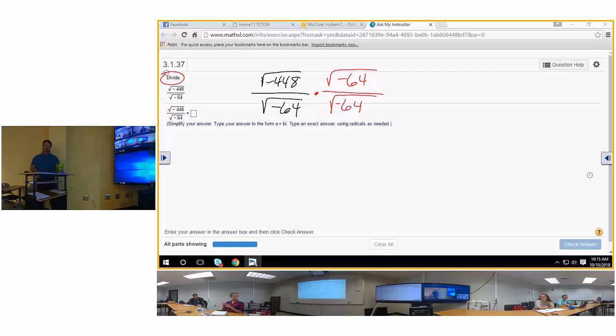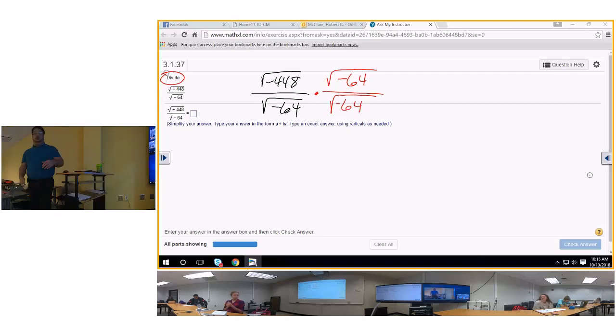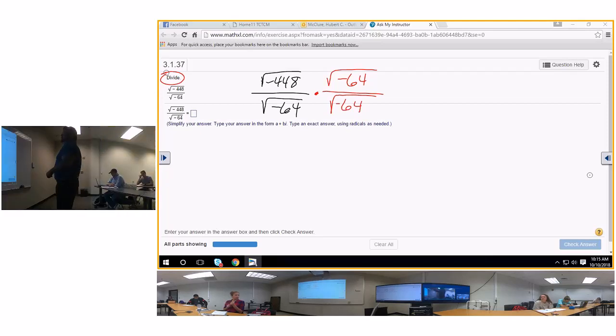What they're saying here is, I don't want a radical in the denominator. I want you to get the radical out of the denominator. Okay? If you change it to 8i, you still have a radical in the denominator. It's just square root of negative 1. So you're really not answering the question. Okay? But if it said write in terms of i, then you would. But it doesn't say that.